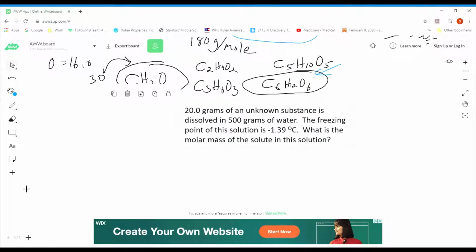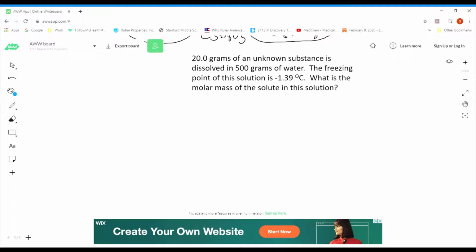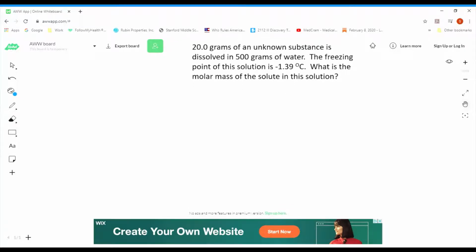How could we come up with the molar mass without knowing the formula, when we need the molar mass in order to figure out the formula? Up to this point, the only way we knew the molar mass was to add up all the atomic masses in the formula, but if you don't know the formula, you can't do that. This is how you can do it. I'm just going to show you real quick what's going to be done. We're basically going to make a solution. All right, so here's your solution.